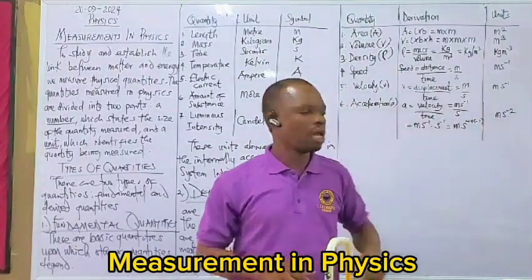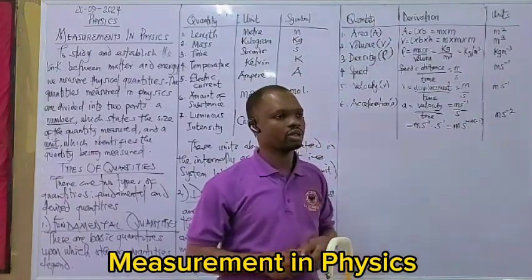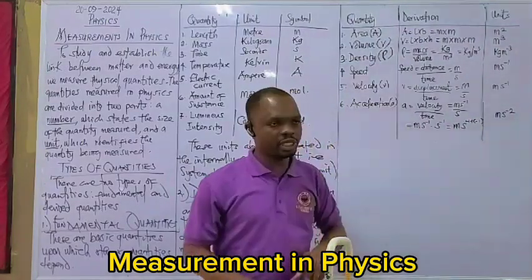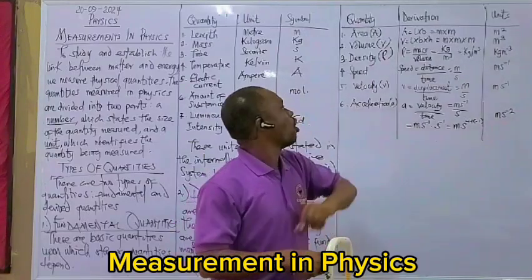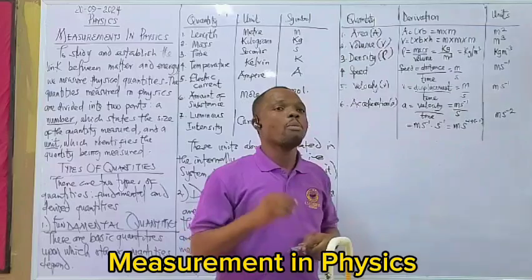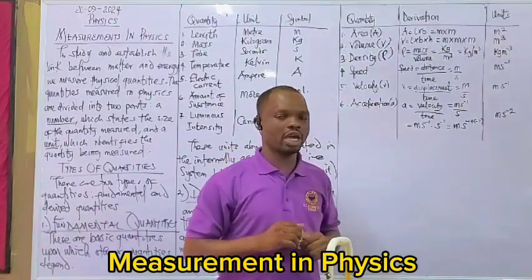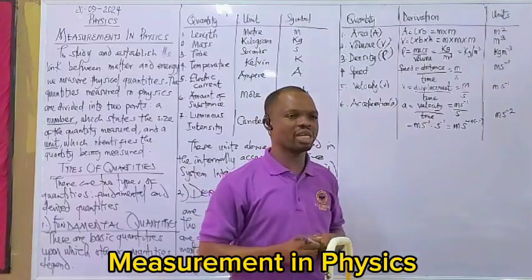Meters per second. What is the unit of acceleration? Meters per second squared. What is the unit of speed? Meters per second. What is the unit of density? Kilogram per meter cube.